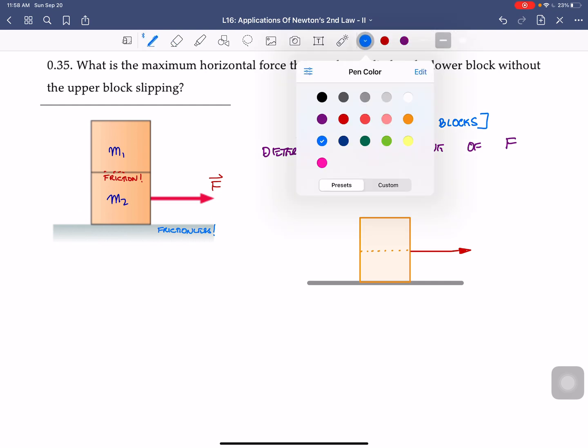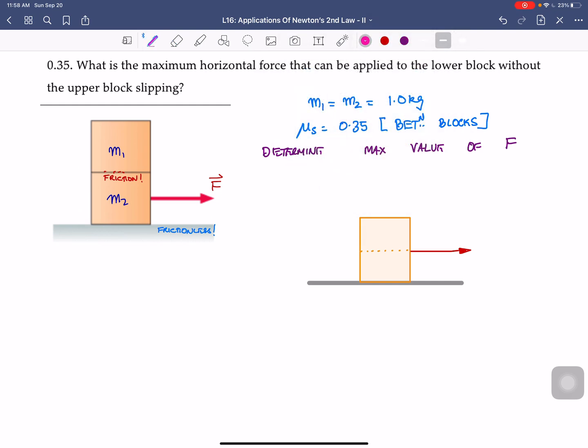So the strategy out here is a clever choice of free body diagrams. If you look at this problem, you've got two blocks and a force being applied. There are three possible free body diagrams that you could draw. You could draw a free body diagram of both blocks, since we're looking at the situation when they're moving together.